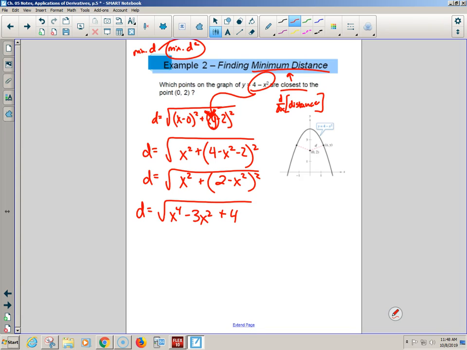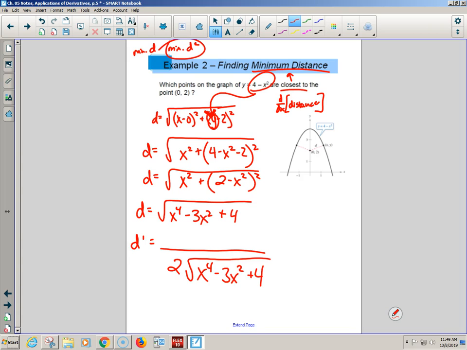Okay. So then we take a derivative. So d prime is going to equal, well, forget it. We're going to be d prime, right, guys? Okay, so let's just say 2, bringing down the 1/2, making it a negative 1/2 to the power. X to the 4th minus 3x squared plus 4.